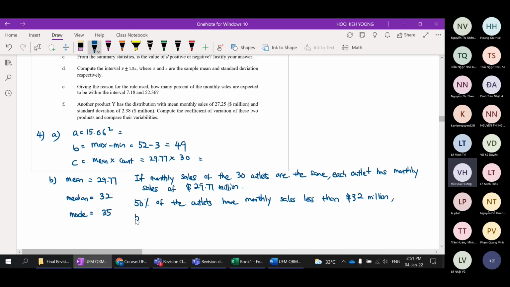And then the other half have monthly sales more than $32 million.